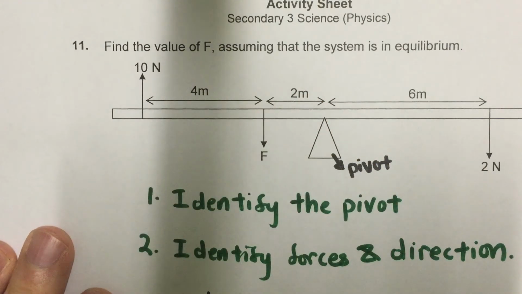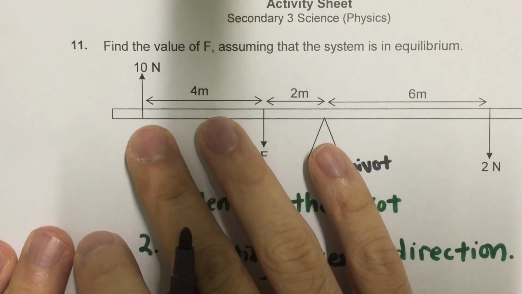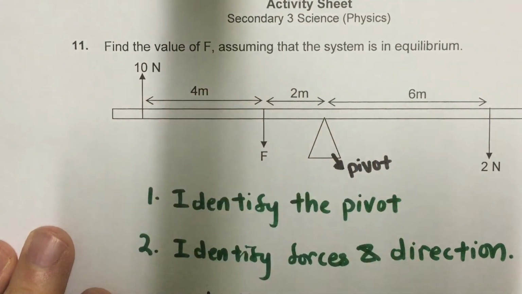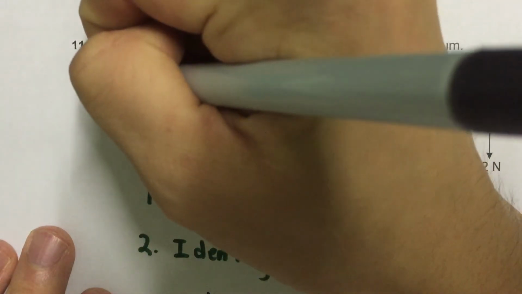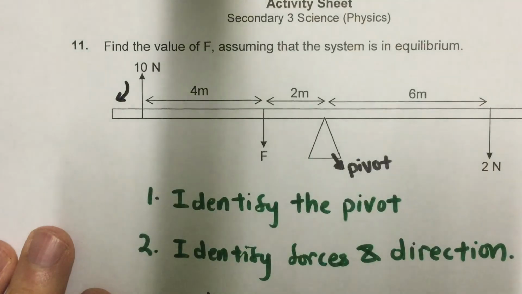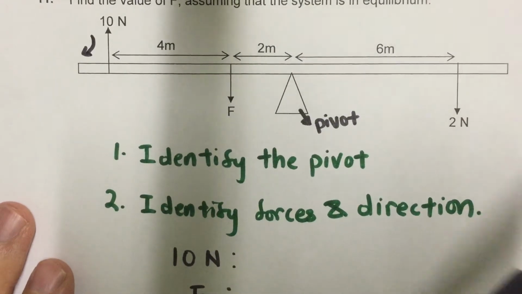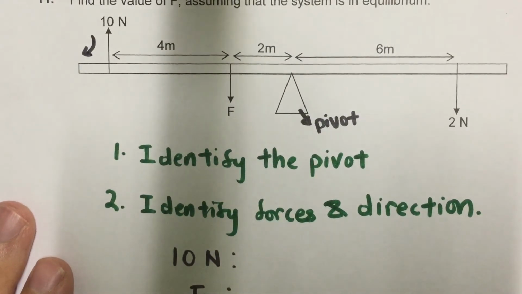Now, one thing you must take note is that the force is acting upwards. Hence, the direction of this moment is actually clockwise. Now, how about for F? What is the direction of the moment? Okay, I think most of you would have gotten it.